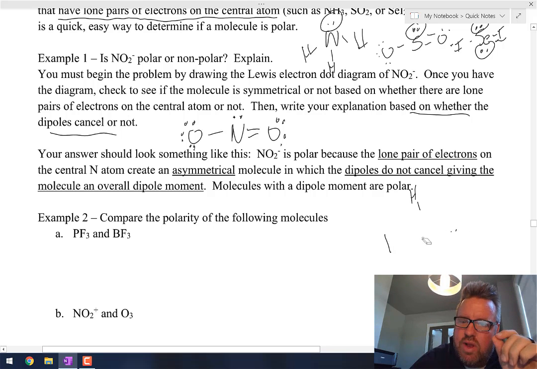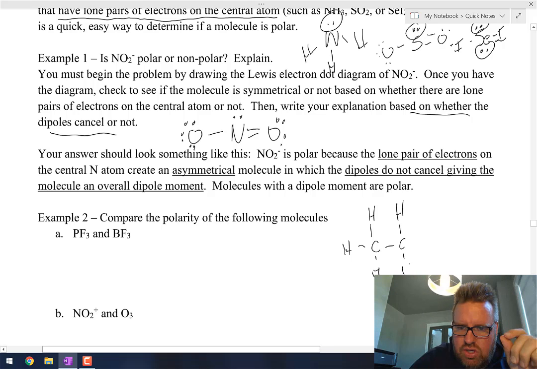Okay, typically when you have big, big molecules, such as, let's say, a molecule like this, CH3, CH2, CH2, COOH, versus just CH3.